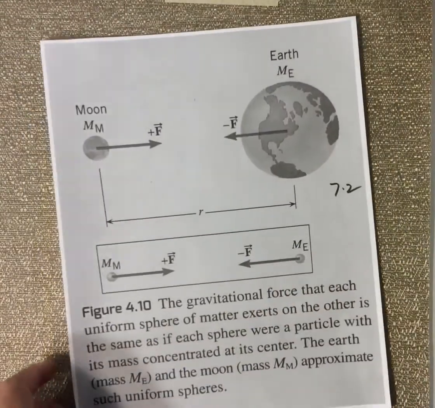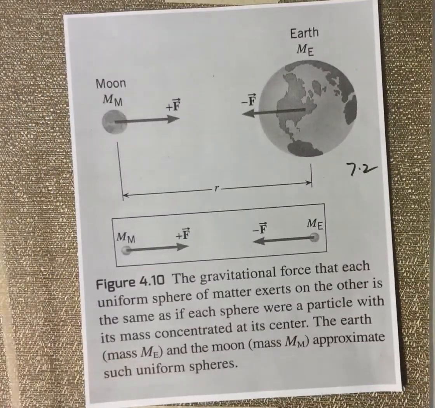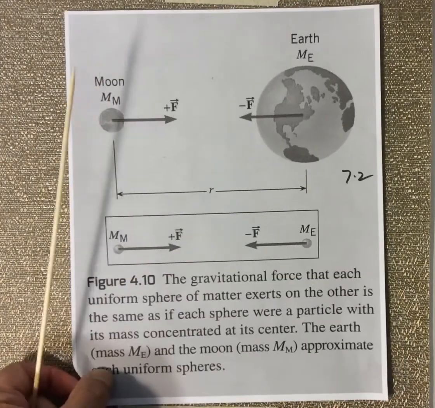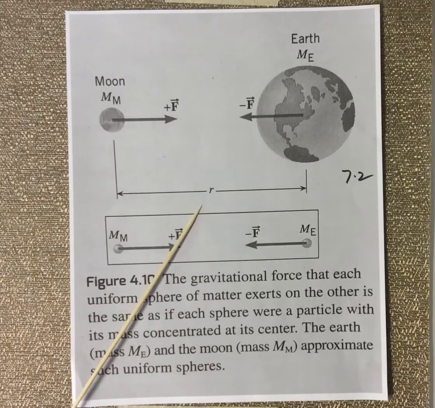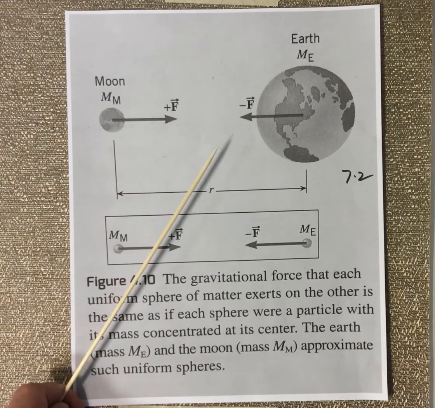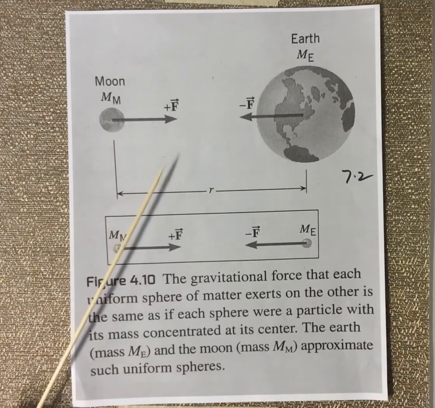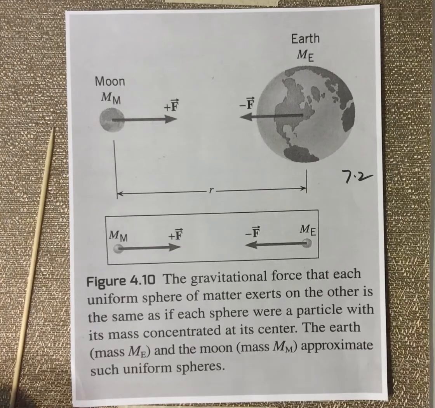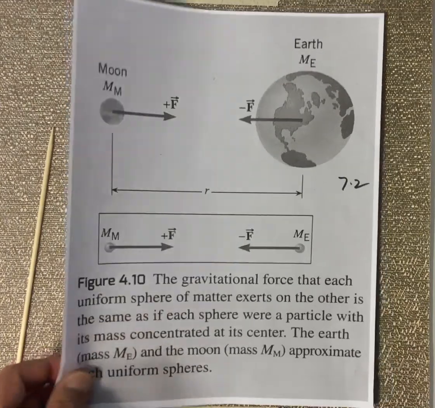This is another example where in space we have Moon and Earth with a distance r, and similarly one force positive, one force negative, they attract each other here. And the same thing is shown in a line diagram, and we will be using the gravitational force equation to find out the force.